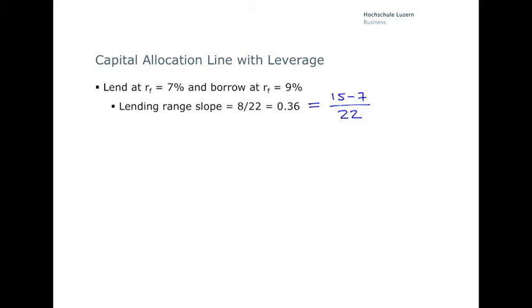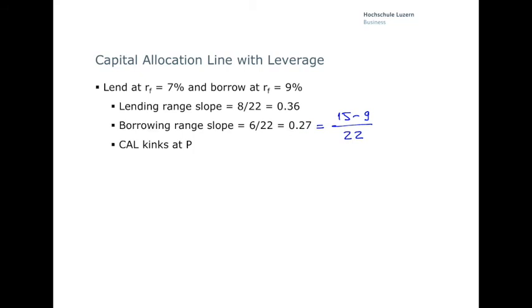Therefore, the lending range slope is equal to 0.36 and calculated simply by the risk premium, 15 minus 7, divided by 22. The same can be applied for the borrowing range slope, which equals 0.727, or calculated by 15 minus 9 divided by 22.